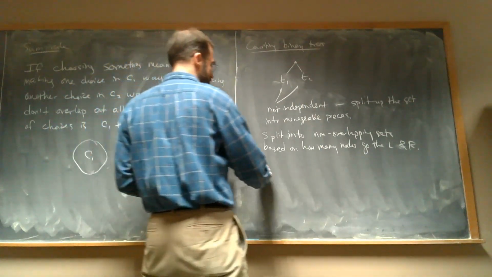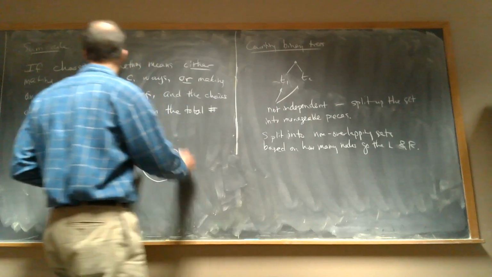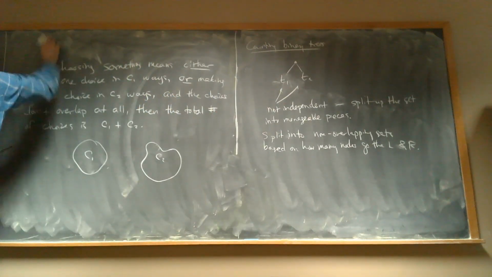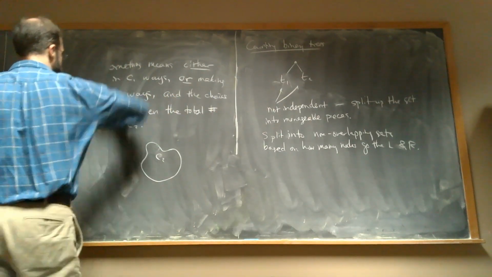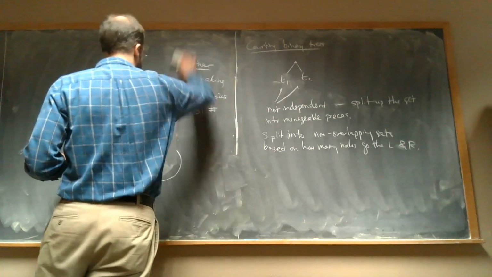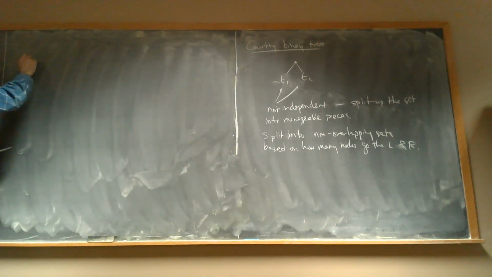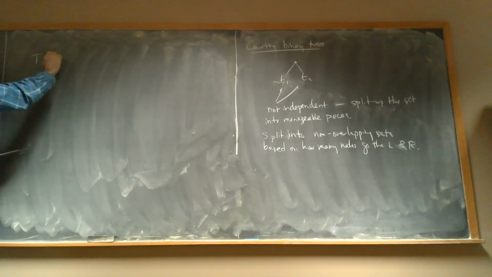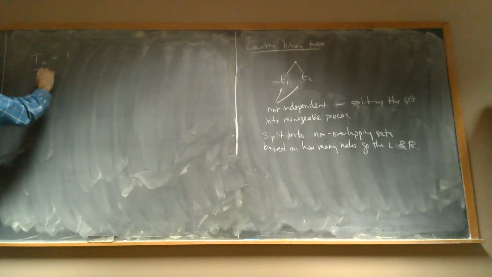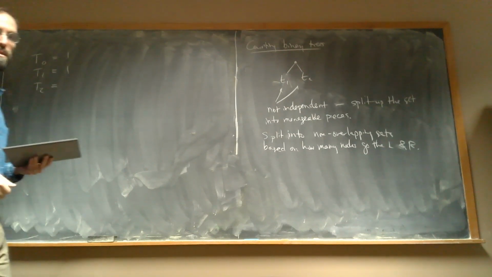So we had, let me put it up here actually. We'll say T sub 0 is 1, T sub 1 is 1, so this is the number of trees with a certain number of branch nodes.